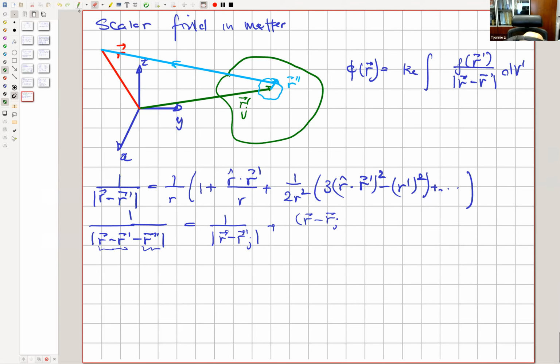Make this blue. Okay, this dotted with R double prime J divided by, now I've got R minus R J cubed, and then plus the other extra expression.